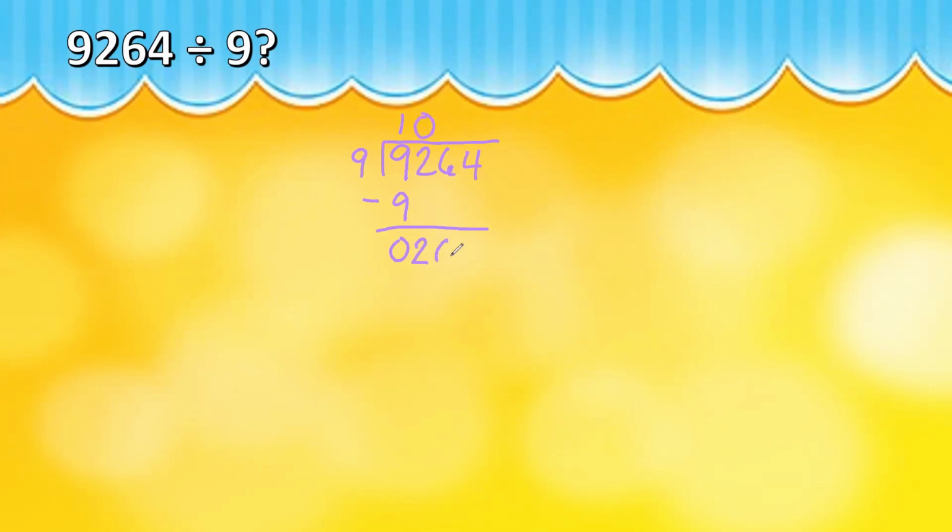Then bring down 6. 26 divided by 9, that will be 2. 2 times 9 is 18. And then 26 minus 18, that will be 8. Bring down 4. 84 divided by 9, that will be 9. 9 times 9 is 81. 84 minus 81 is 3. So the answer is 1,029, remainder 3.